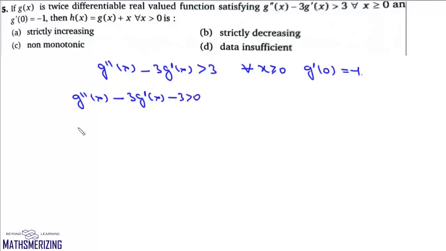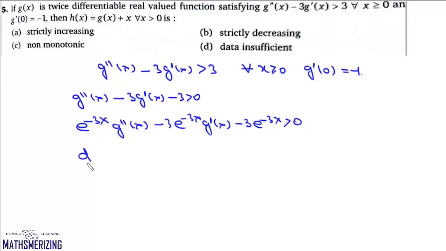greater than 0. Now we'll multiply everything with e to the power -3x. So we can write e^(-3x) g''(x) - 3e^(-3x) g'(x) - 3e^(-3x), and it is greater than 0.